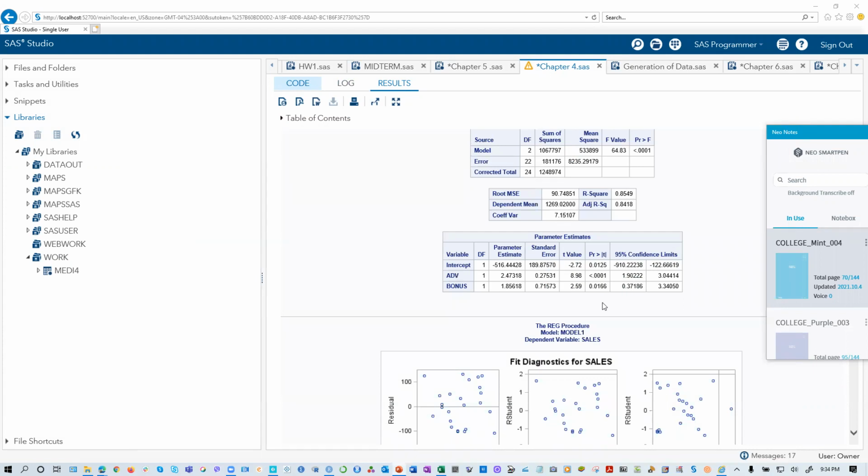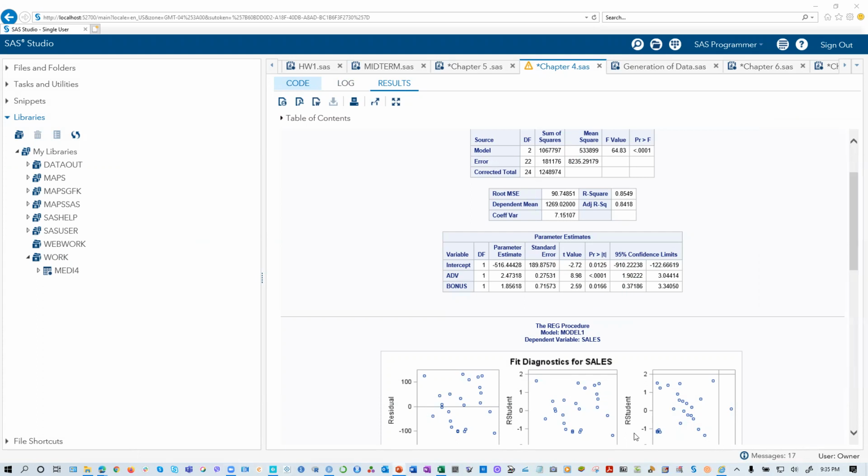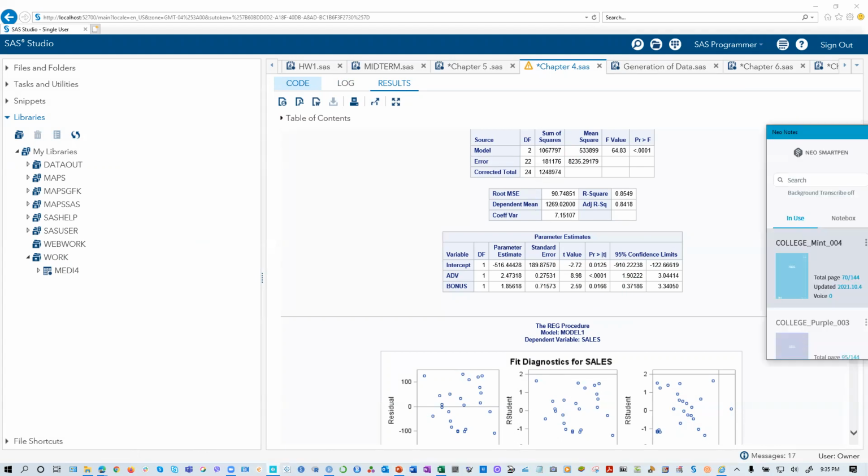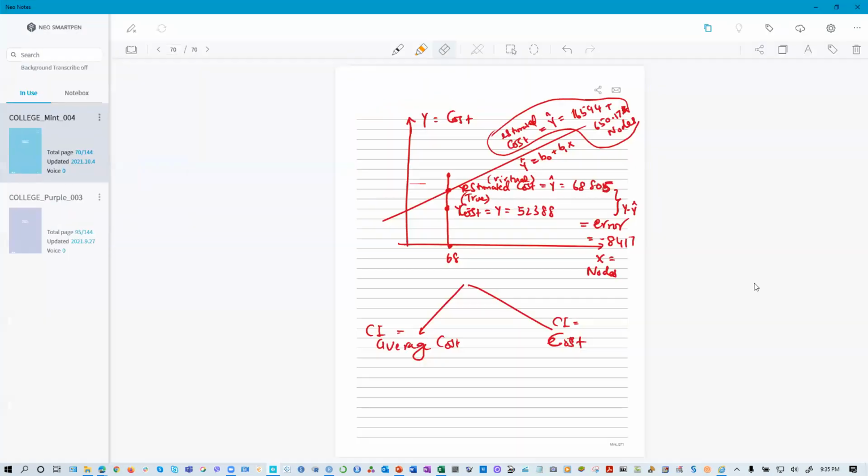Because we're going to write the simple, multiple linear, still linear regression, multiple linear regression. I'm going to write that one here.